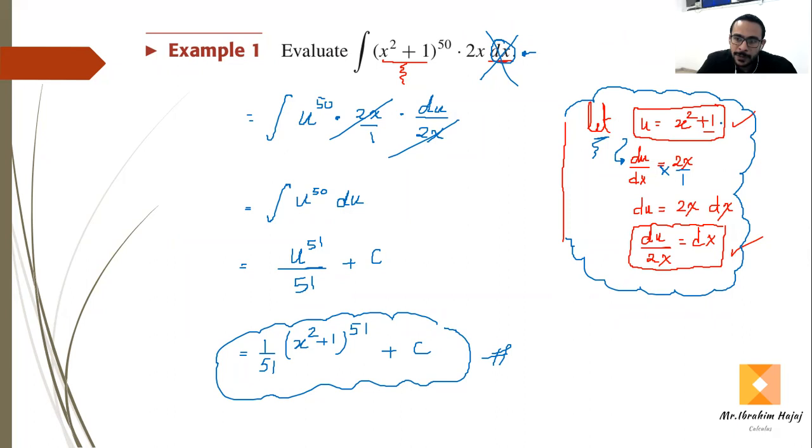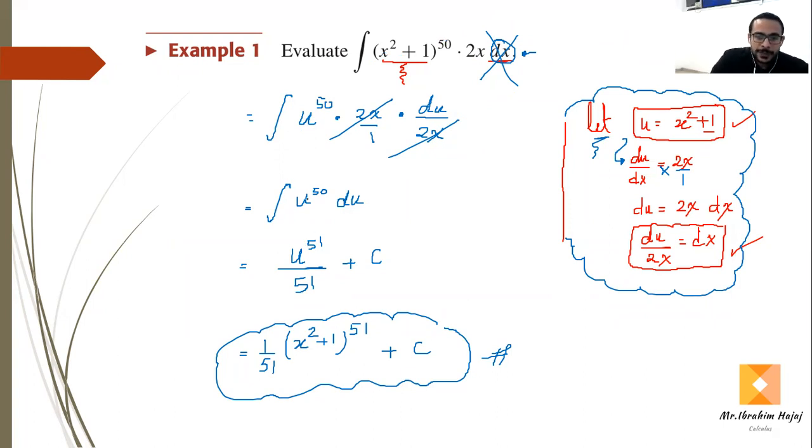By substituting by these two boxes here, I substituted, instead of x squared plus 1, u to the power of 50 times 2x times, replace the dx, replace it or substituted dx as du over 2x. Cross out 2x with 2x, so you still have u to the power of 50 du.